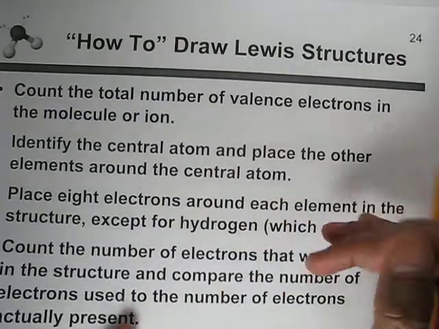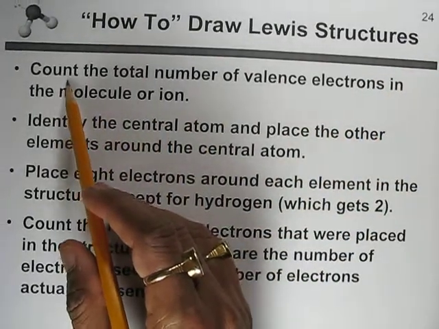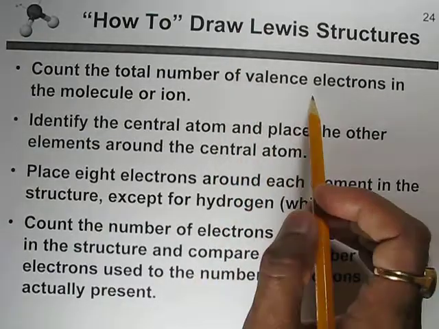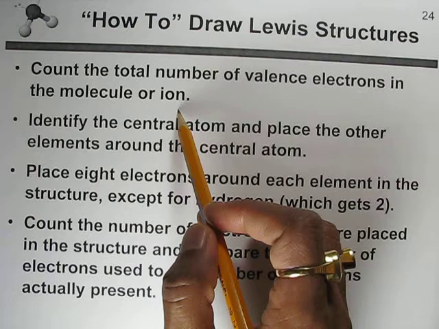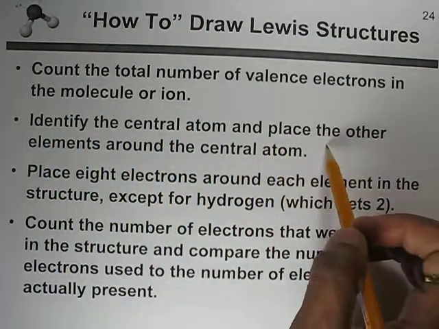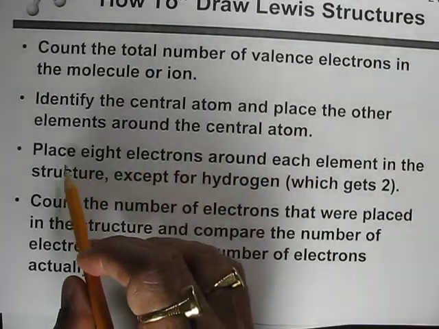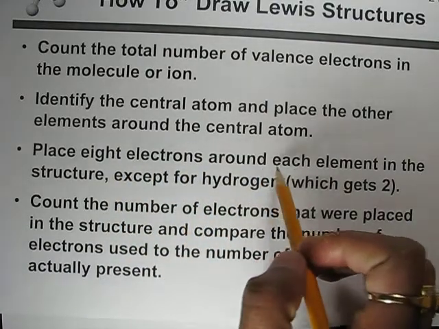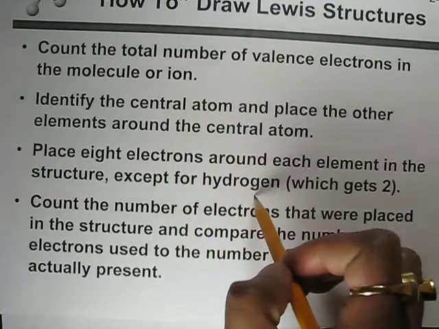Next, how to write the Lewis dot structure. There are some rules. Number 1 is to count the total number of valence electrons in a molecule or ion. Number 2 is to identify the central atom and place the other elements around it. Third, place 8 electrons around each element in the structure except for hydrogen.